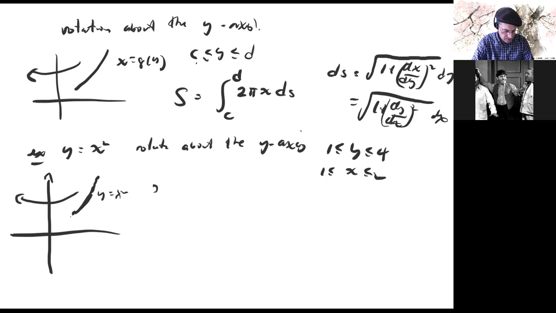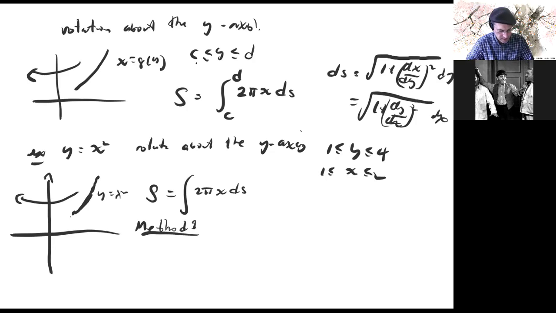So the surface area is going to be the integral of 2 pi x ds, and we're going to express this either as an integral in terms of x or an integral in terms of y. There are several methods we can use. Method 1: we can think of this as the integral in terms of the x variable.